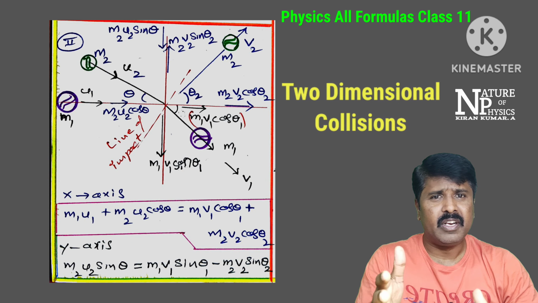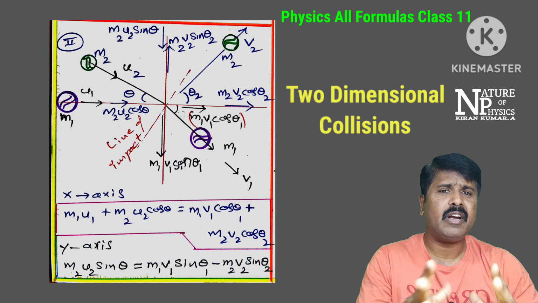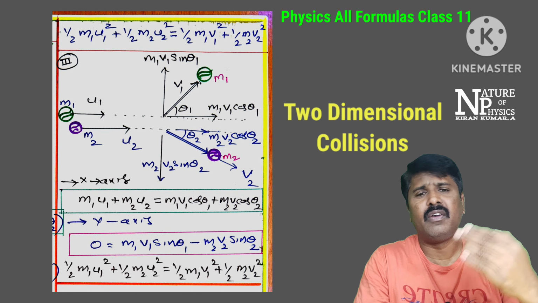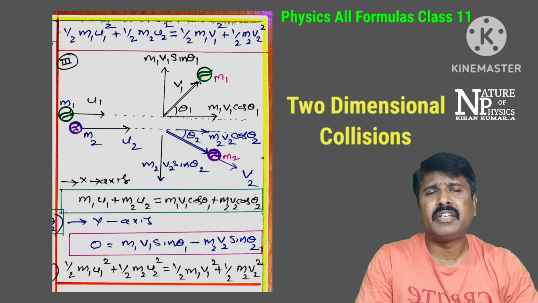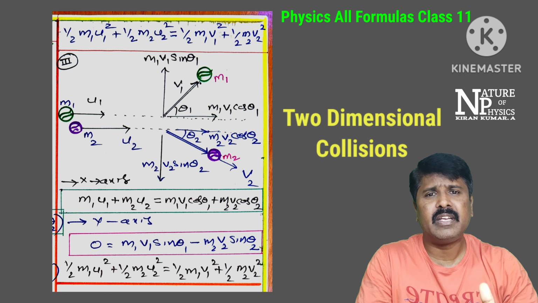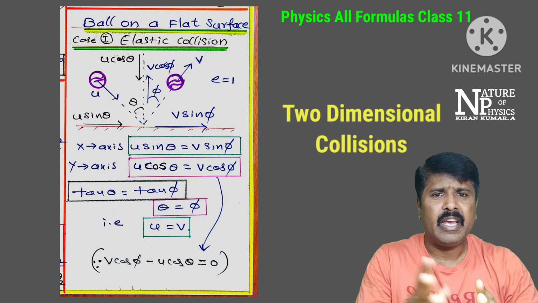Velocity is resolved along the horizontal direction and the vertical direction, and kinetic energy before the collision and after the collision is clearly given step by step.